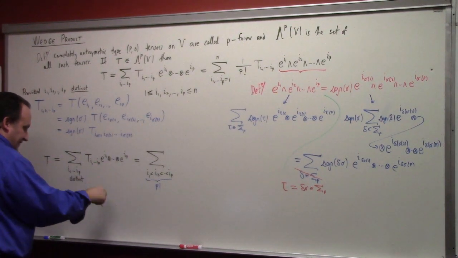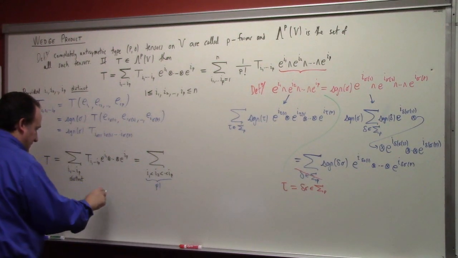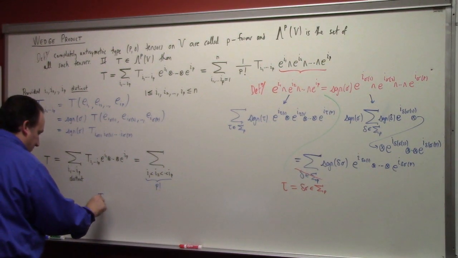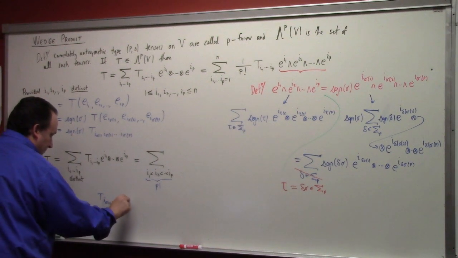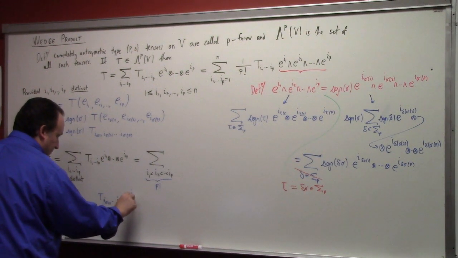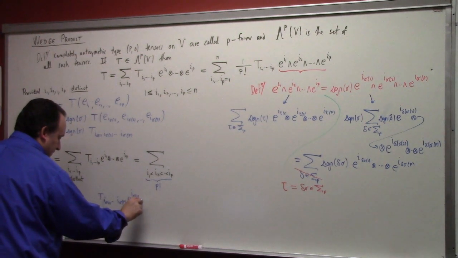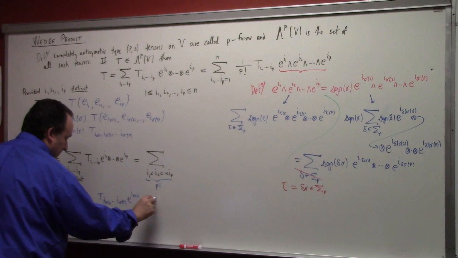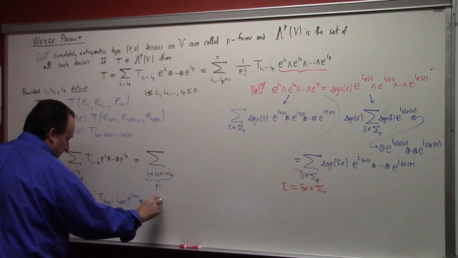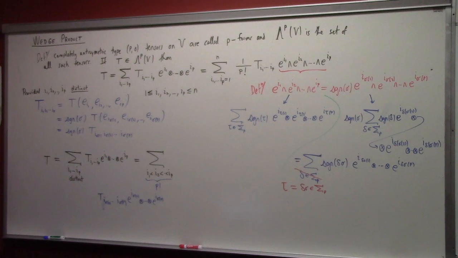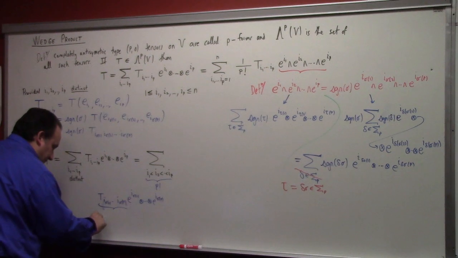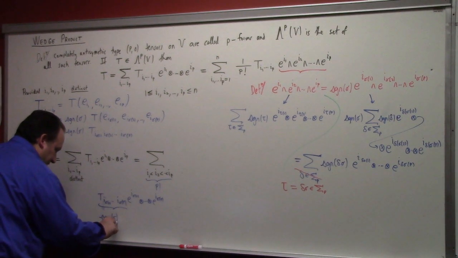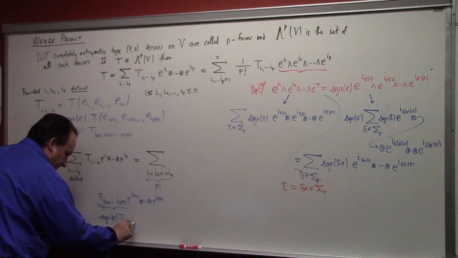And so if sigma is such a thing, suppose these are distinct, and you look at T of i sigma(1) through i sigma(p), e^i sigma(1) tensor up to e^i sigma(p). Well, that is equal to the sign of sigma times T i1 through ip.